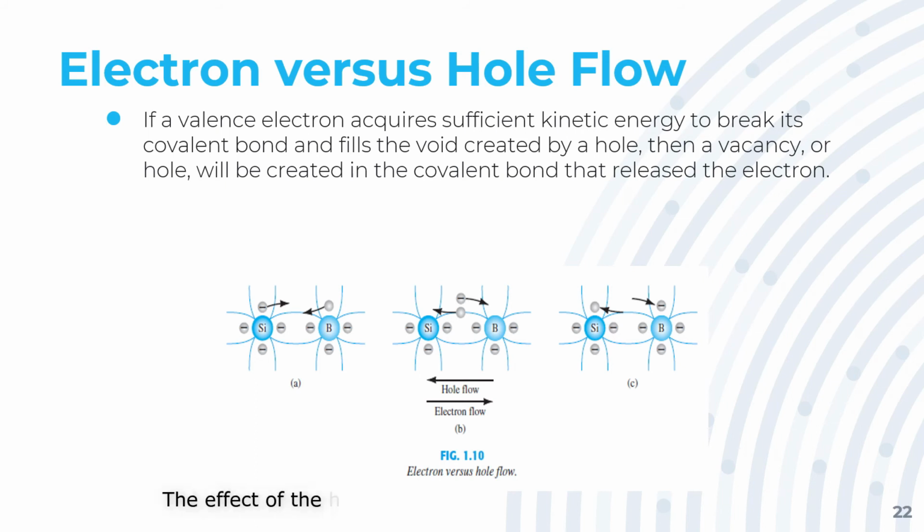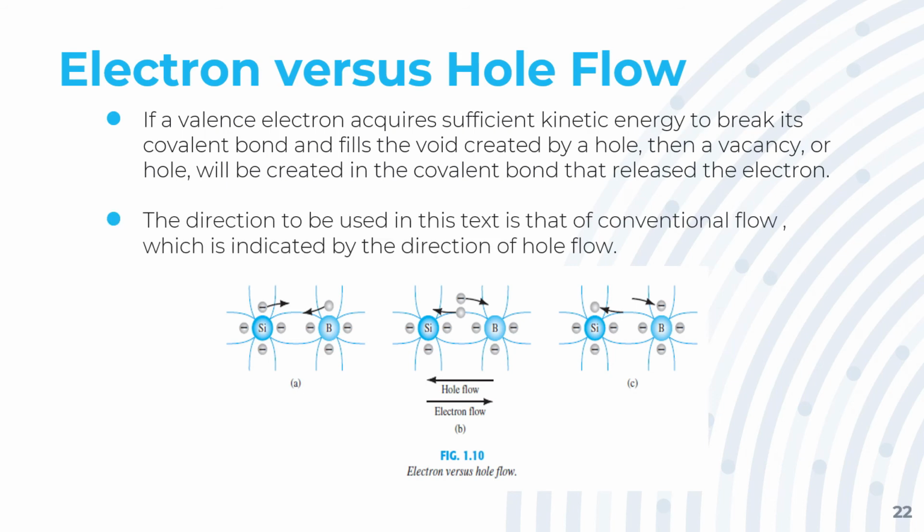Therefore, yung transfer of holes to the left and electrons to the right. Natandaan natin na ang pag-transfer of holes ay papunta sa kaliwa at ang pag-transfer ng electrons ay papunta sa kanan. The direction to be used in this text is that of conventional flow, which is indicated by the direction of hole flow.